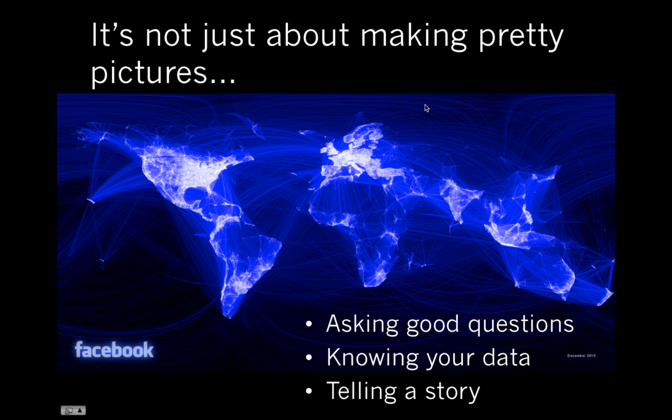And again, the end goal is to tell a good story that engages the viewers of your visualizations, answers the questions, and satisfies their curiosity. If you want to know more about this particular example, just Google Facebook friendship visualization, and you will find a few more details about it.